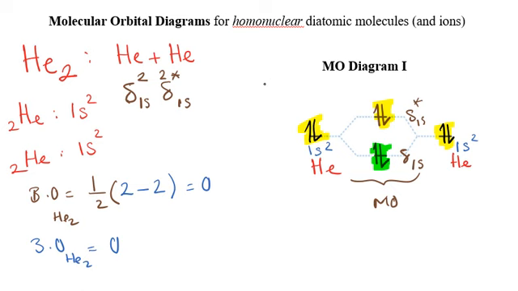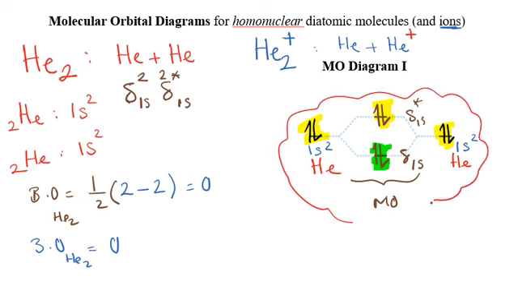Right now, I'm going to talk about a short way method. If we have He2 1 positive, so talking about the ion, whenever you have ions, if you practice enough and are familiar with this, always write He and He, and then remove 1 electron from the molecular orbital diagram for He2.